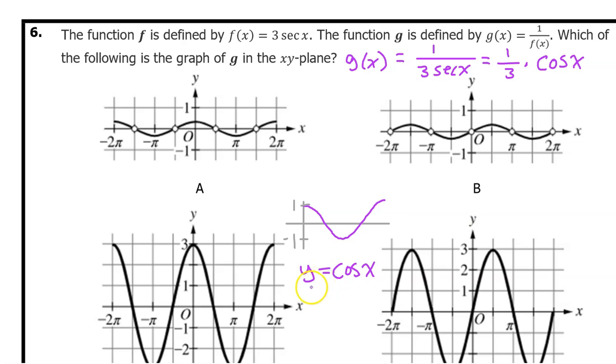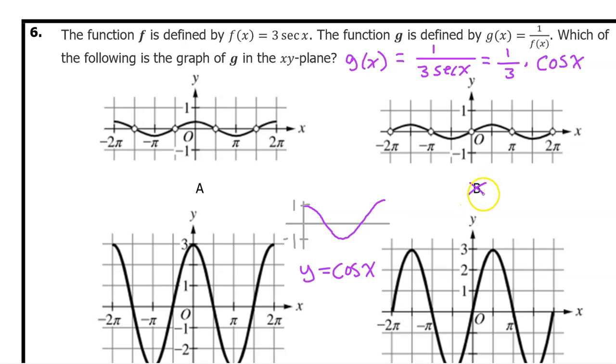Long ago, we learned that the parent function y equals cosine x is at its highest value at x equals 0, and then it falls to its lowest value and rises back to its highest value again. So we are looking for the graph that at x equals 0 is at its highest value. So A is such a graph. At x equals 0, it's at its highest value, and then falls and rises.